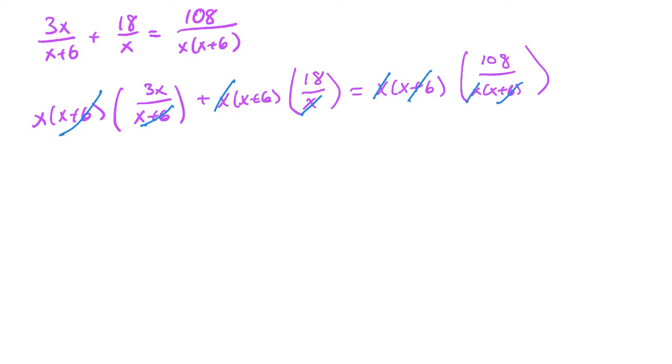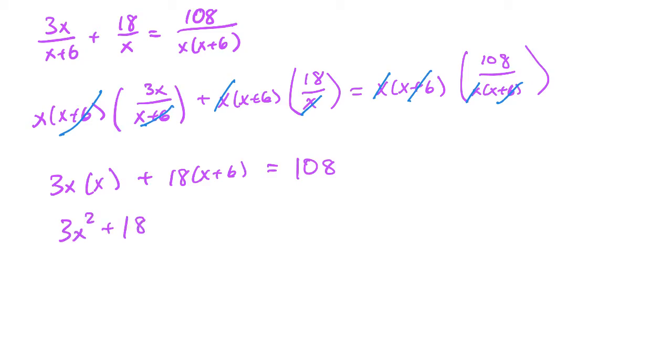What that leaves me with is 3x times x, plus 18 times x plus 6, and then on the right-hand side, I just have 108. If I distribute everything and multiply it out, that gives me 3x squared plus 18x plus 108, and that is equal to 108.